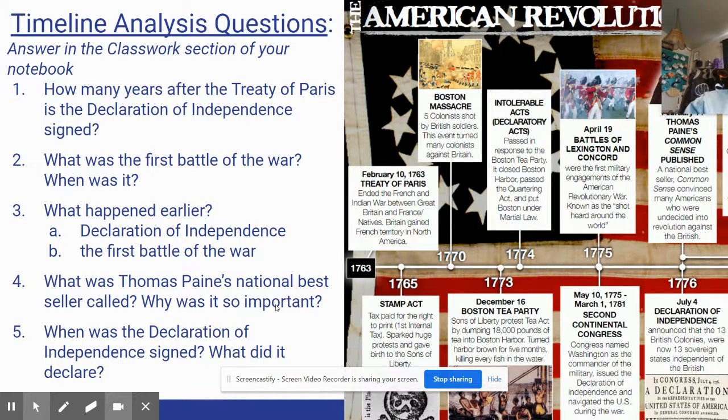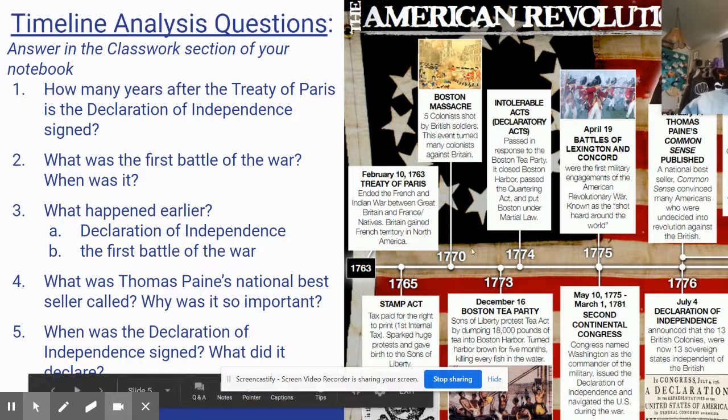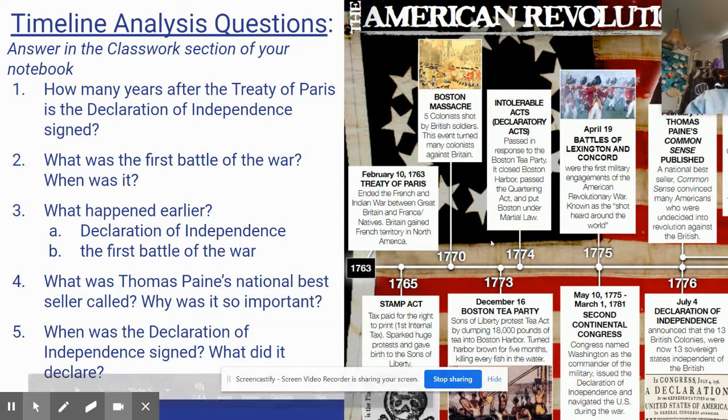Okay, Thomas Paine wrote a book. What was that book called? And then, why was that book so important? What do you guys think based on what you're reading in the timeline? And lastly, number 5, when was the Declaration of Independence signed? When was it signed? Okay, and what did it declare? You guys better get this one. Okay, it's pretty straightforward. All right, go ahead and pause the video, answer all those questions in the classwork section of your notebook. Once you're done with that, go ahead and resume.